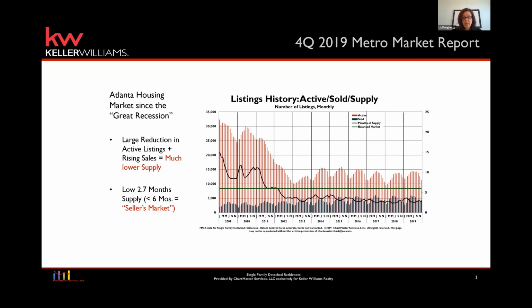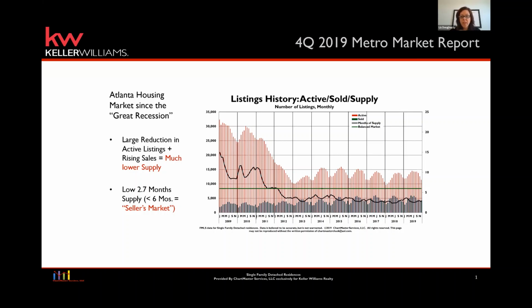The supply is the black line, and the blue bars below are the ones that have actually sold. So it shows the trends, and what has been talked about numerous times is how consistent the sales have been. Even when there are lots of actives, the number of sales hasn't really changed over the years.